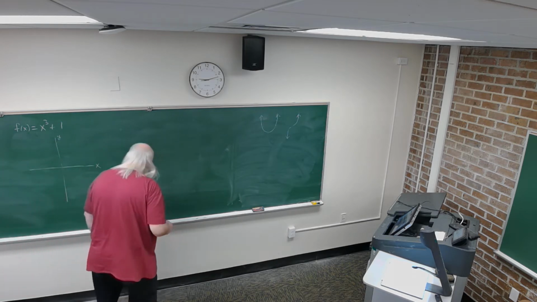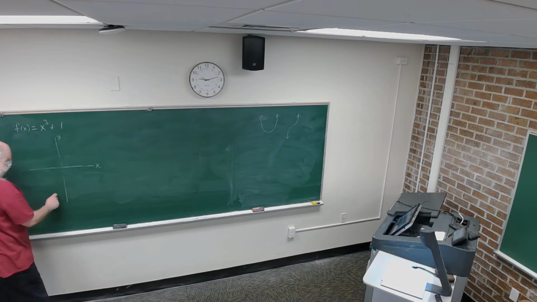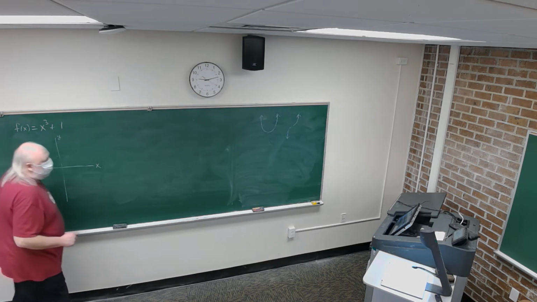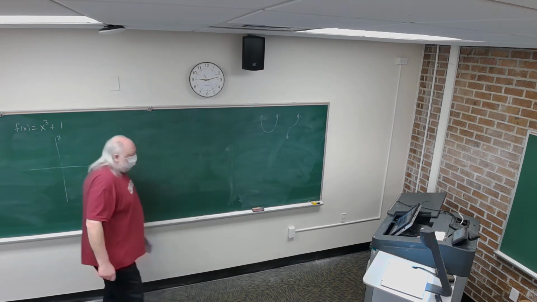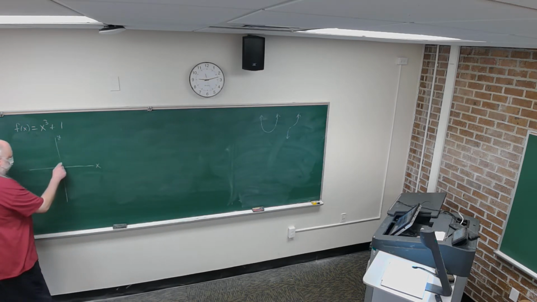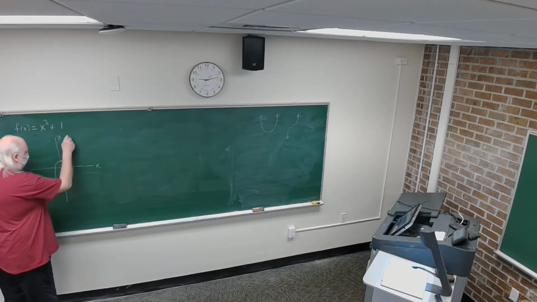So I'm going to use color chalk. Instead of this cubing function, this is actually the graph of the cubing function over here. Okay. Instead of snaking through the origin, it snakes through the point y equals 1 on the y-axis. So it looks something like this.